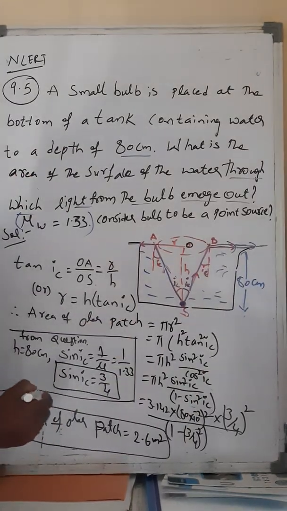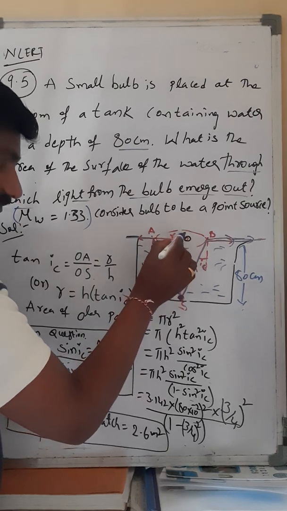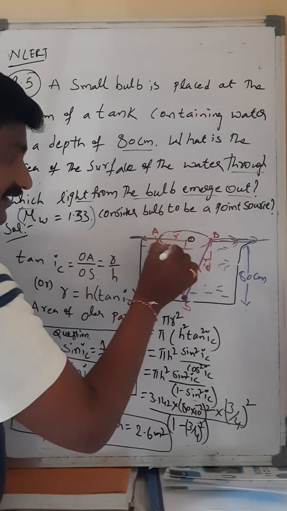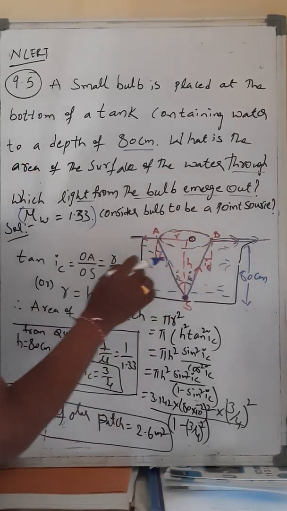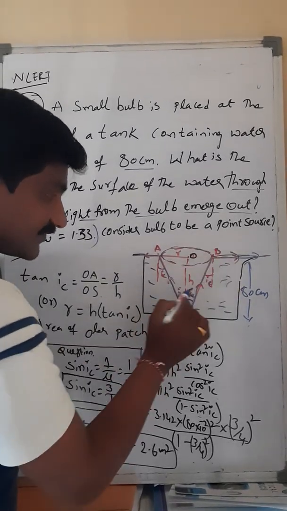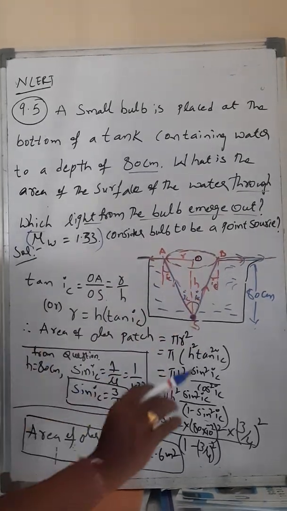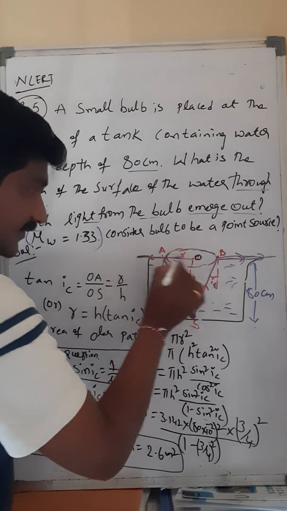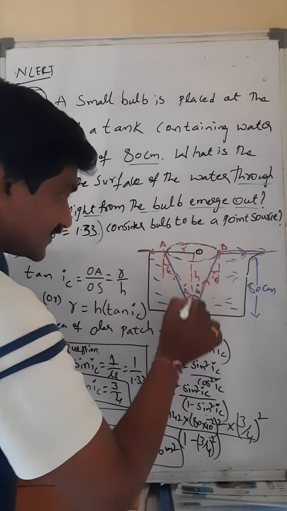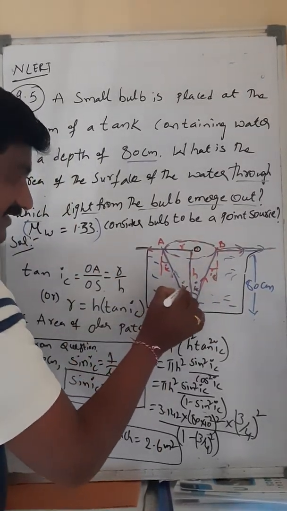Whatever area is there from the center point to either side, the radial distance, I am considering as a circle. This is the circular area which we are going to find. Across this area the total light is emerging. So I am considering from O to this radial distance R, and this is the hypotenuse, this is the adjacent side of this critical angle IC.